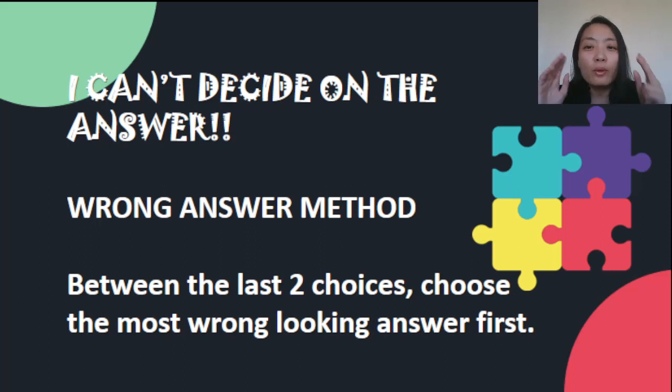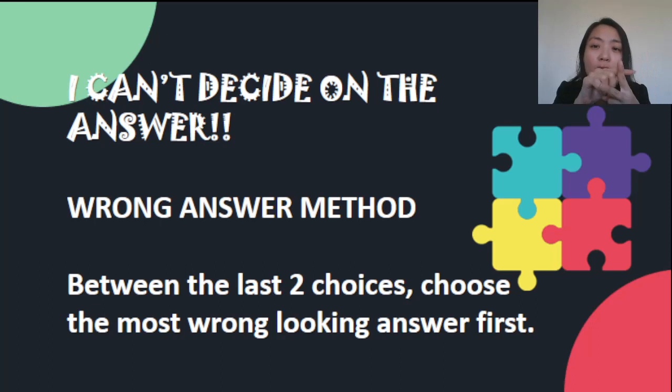But no, I want you to change your mind. Tell yourself, okay, between the two, which one looks more wrong? Which one looks more funny and weird? So maybe you think, okay, I think this one looks more funny and weird. So maybe the other option also looks not so correct to you, and you're also not sure.